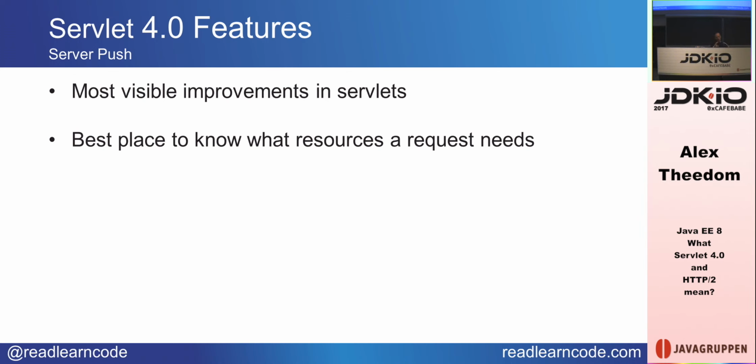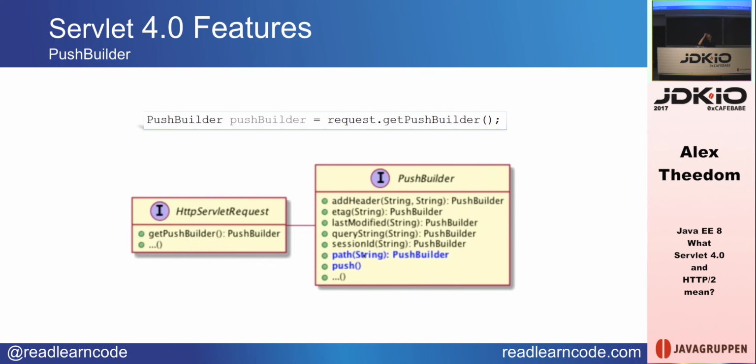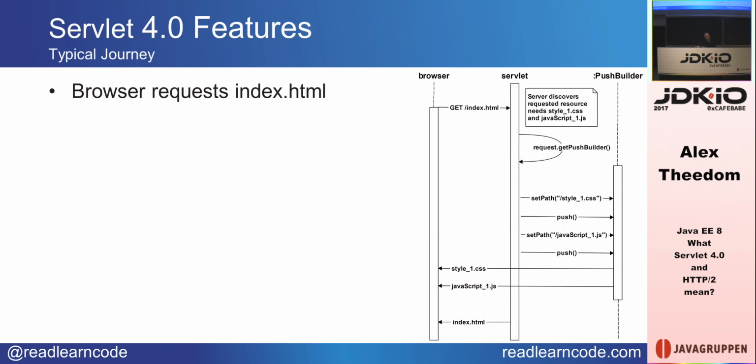JSP and JSF, they're all around servlets. So this is the best place where it should be implemented, which of course is where it is implemented. And essentially it looks like this. As a server push, you have a push builder. You build up a push object, and you call various methods on the instance, which you obtain from the request object. We'll have a look at an example in a minute.